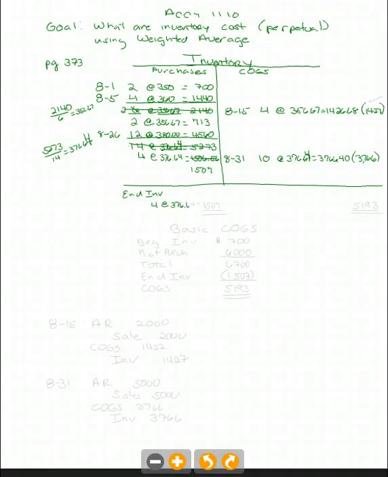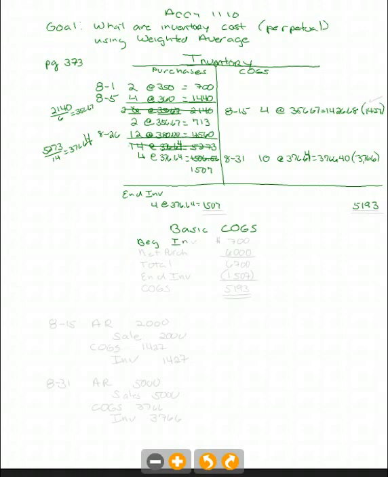And on 8/31, when we had a sale, accounts receivable was 500 units times $10 each, or $5,000, with a credit to sales of $5,000. Cost of goods sold using weighted average is $3,766. Take that out of inventory at $3,766, and your accounting records land perfectly.